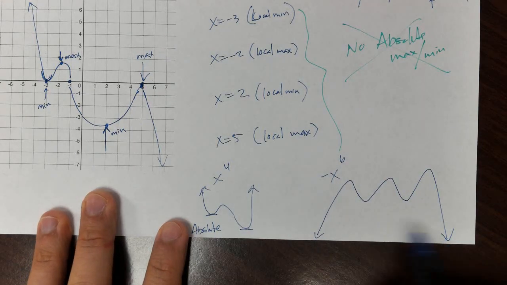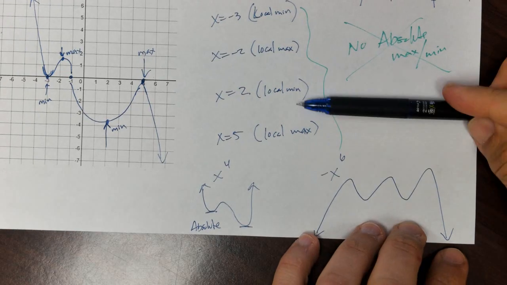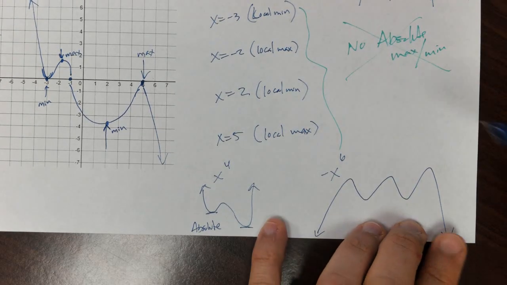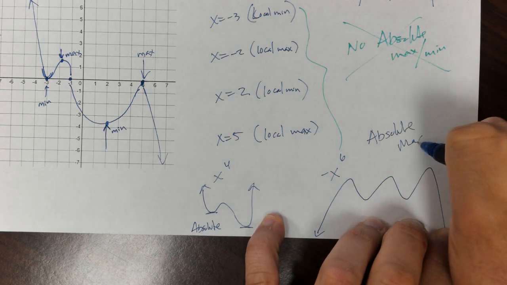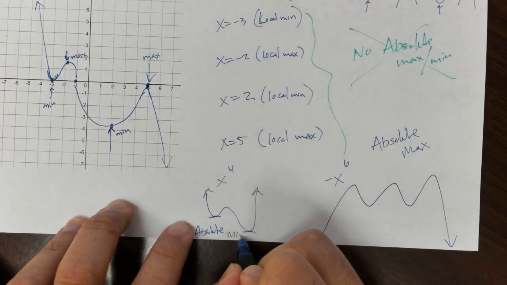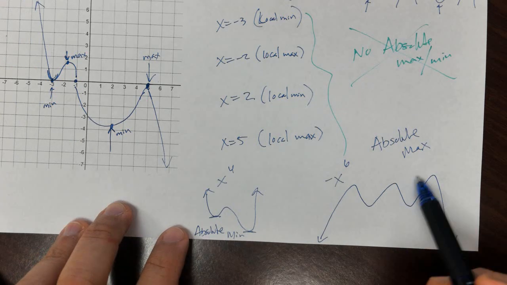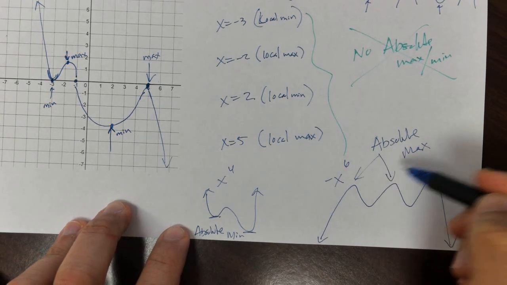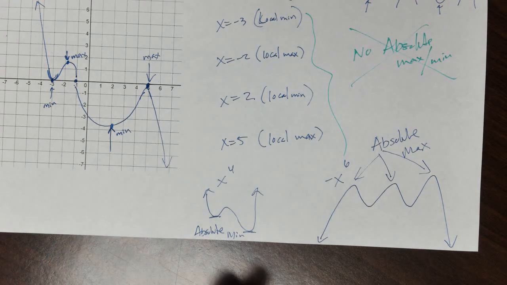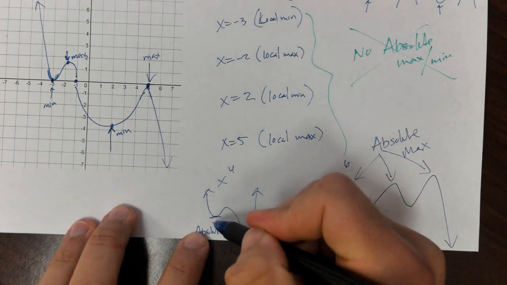When both arrows point in the same direction, one of the sides of the graph will have an absolute maximum or an absolute minimum, depending if it's on the bottom or at the top. We just have to determine which of the points is the highest or which one is the lowest.